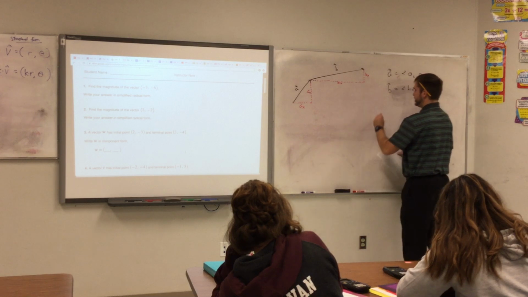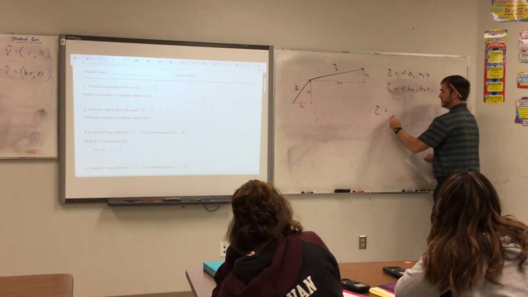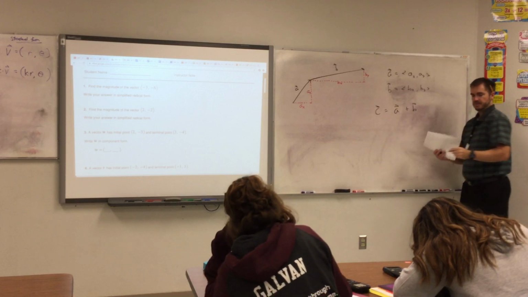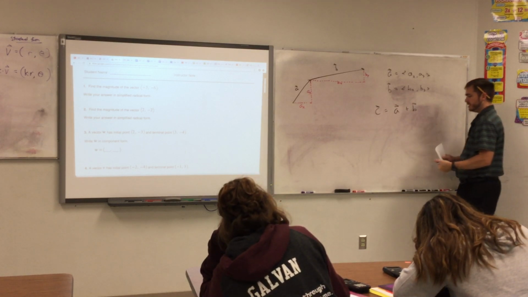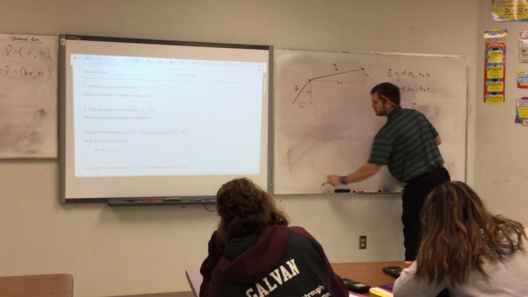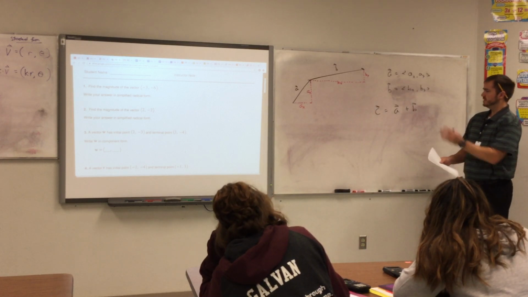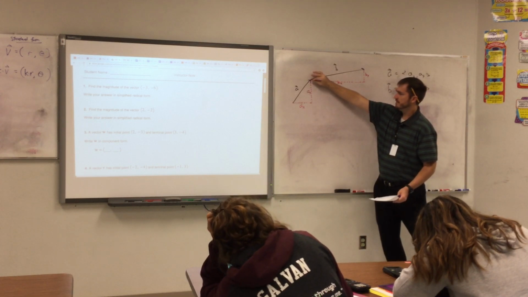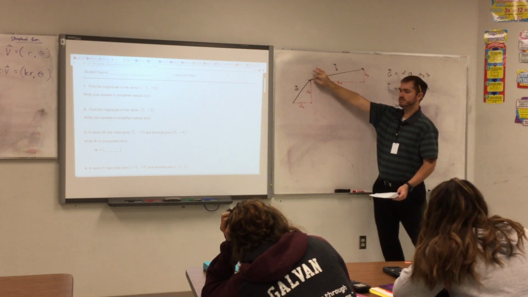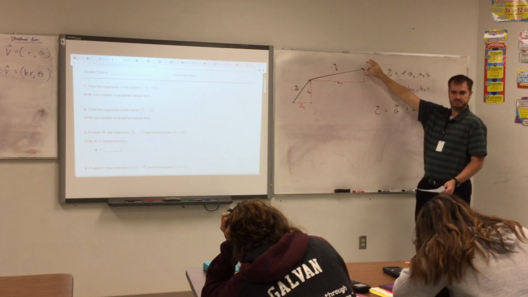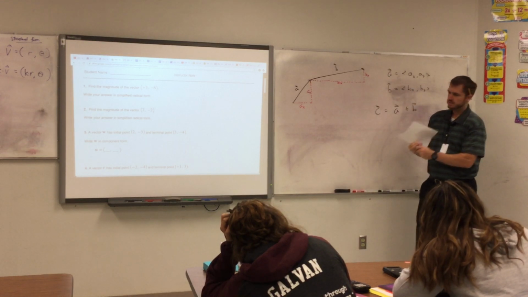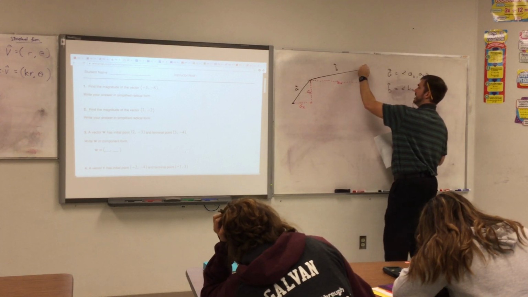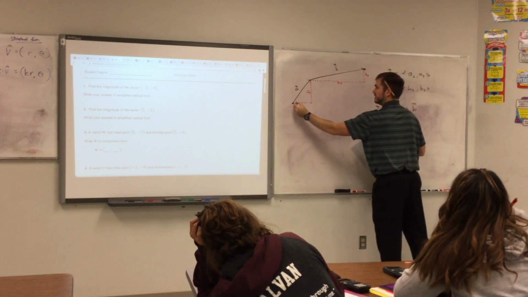And then we've got vector C, which is equal to vector A plus vector B. Remember, the way that you add two vectors is you draw one vector, and then at the end of that vector, you draw the other vector, like that. Then you connect the beginning of the first one to the end of the second one.